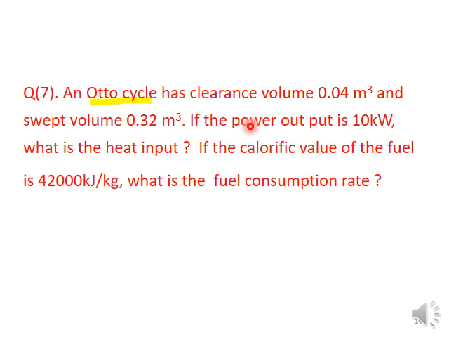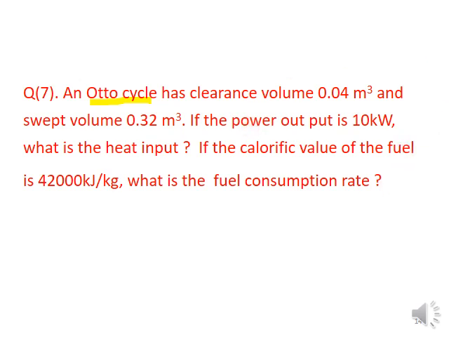And how to calculate the heat input? Heat input is nothing but the heat supplied, Q1, and the calorific value of the fuel is 42,000 kilojoule per kg. And what is the fuel consumption rate per hour?